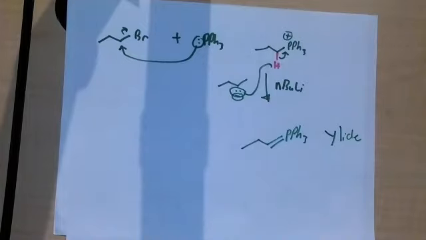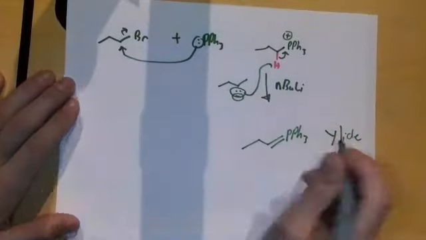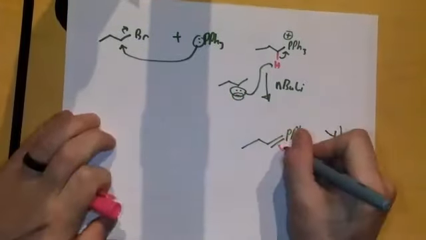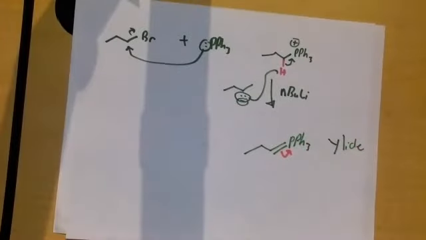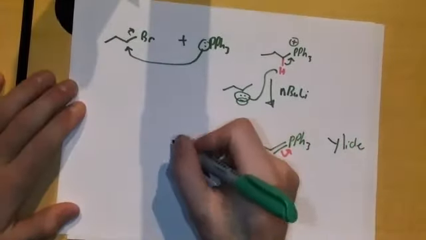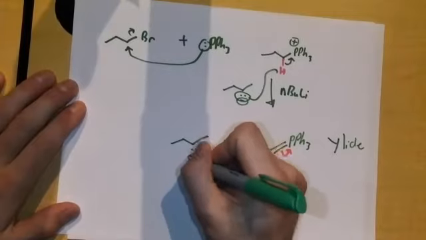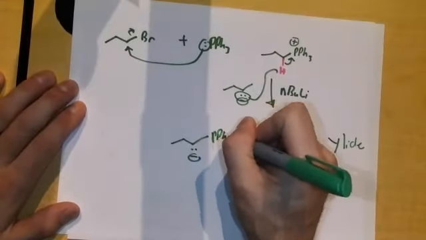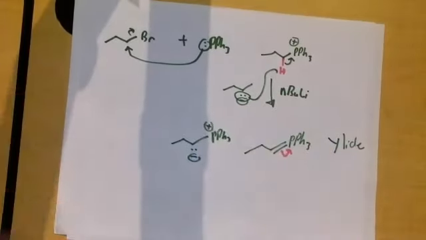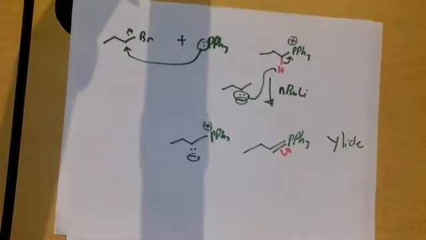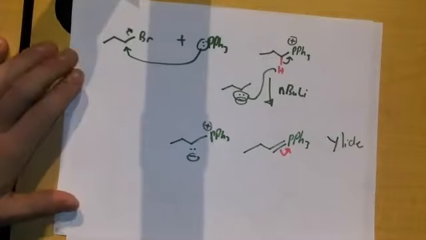Okay, so from here, this has 2 different resonance structures. You can either have this or push these electrons up to this one here. And this is the one we're going to be using for our actual reaction.